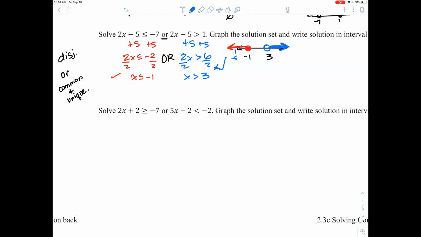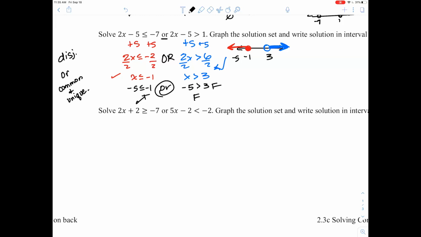So if I were to pick -5 and I plugged it in here, -5 is less than or equal to -1, that's true. Or -5 is greater than 3. Well, that's false, but it doesn't matter because it says or. So check, that is part of the solution.